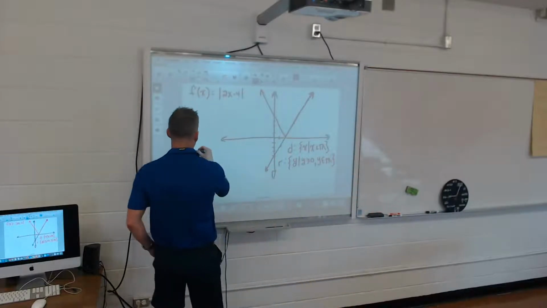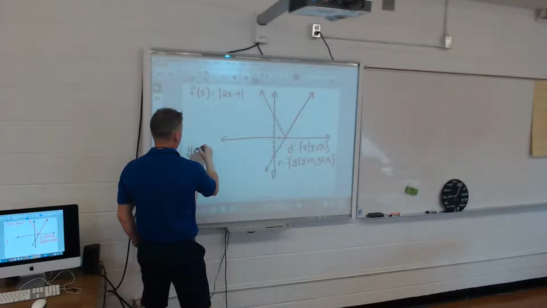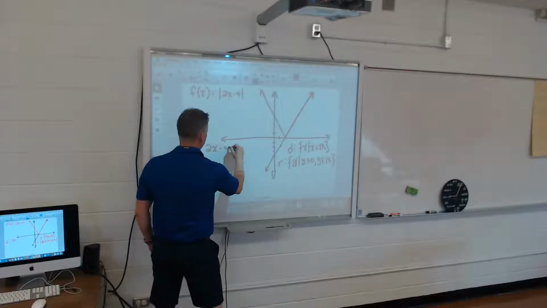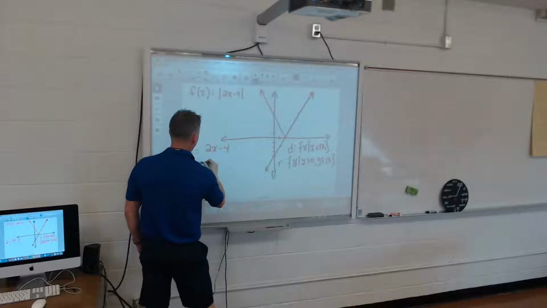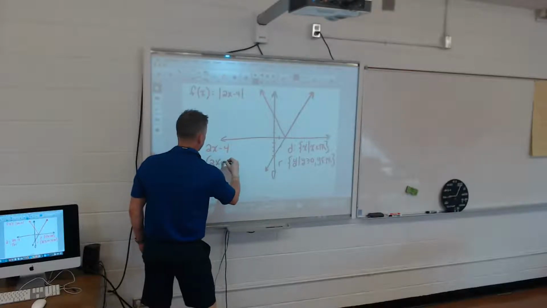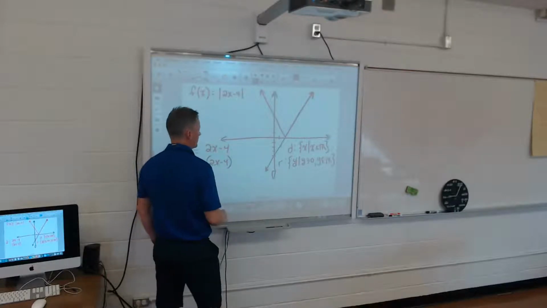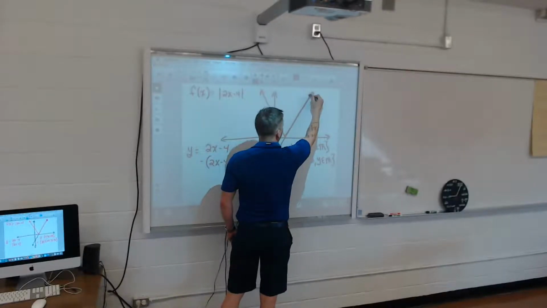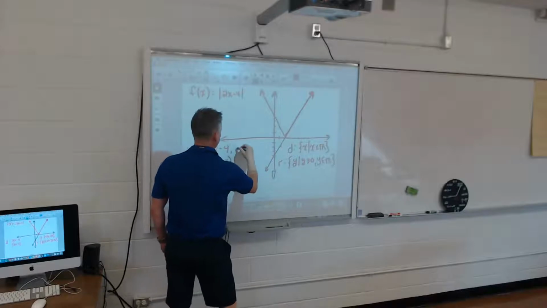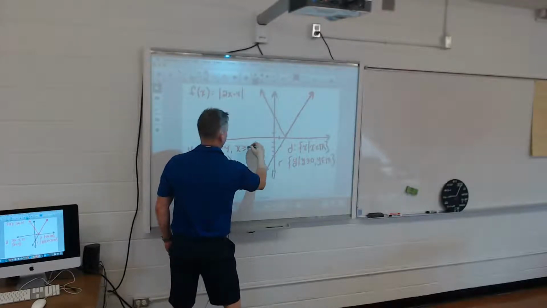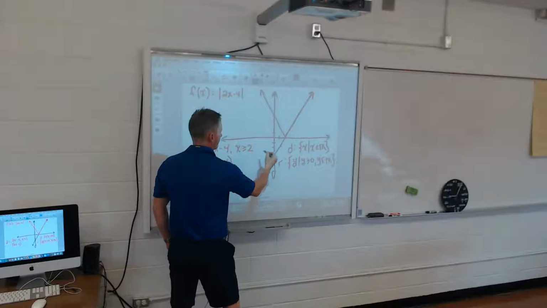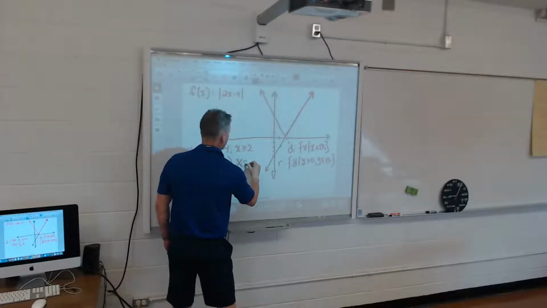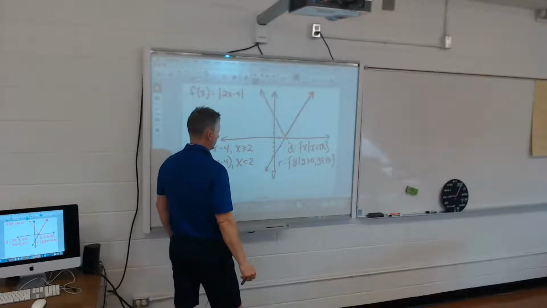So the piecewise is y is equal to, the first one is 2x minus 4, and the next one, minus 2x minus 4. What part of this graph did I use? This is the 2x minus 4 graph I used for x is greater than or equal to 2. For this graph right here, I use x is less than 2.